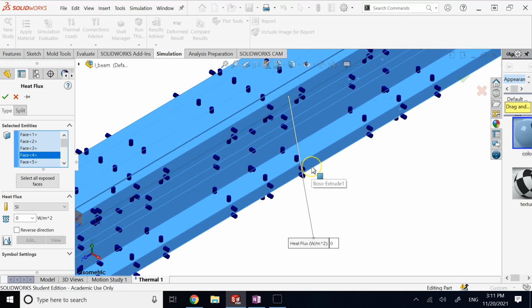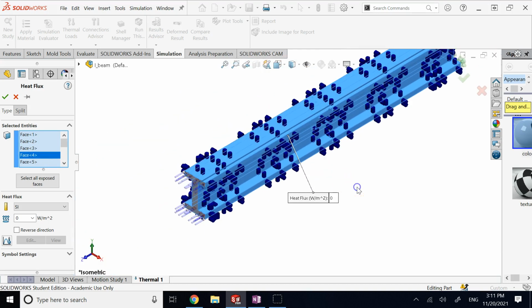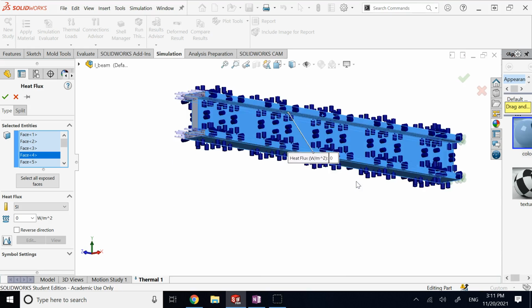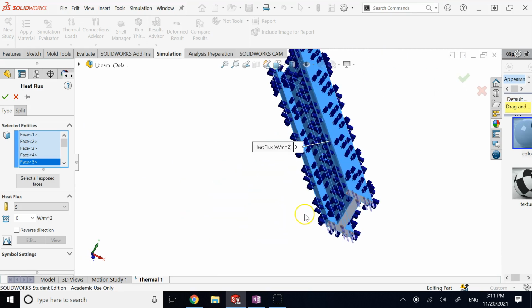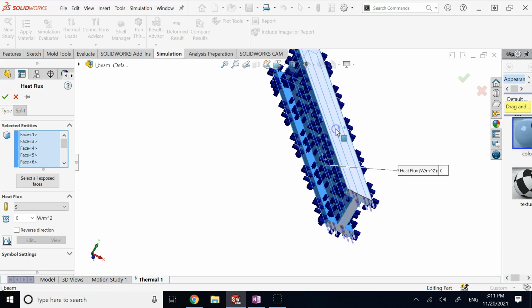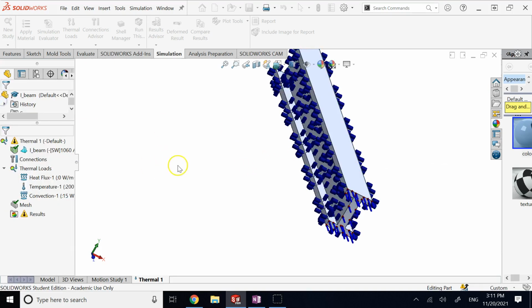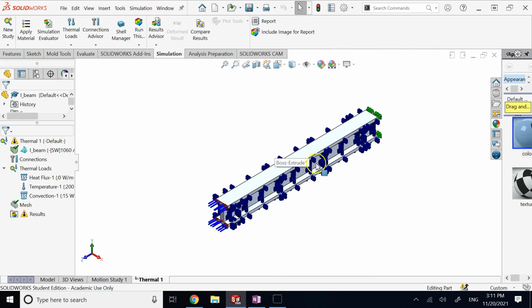That's probably this one, maybe or maybe not. No, let's see. Which face is it? If I can find which face, it's this one here. There we go. So I got rid of it, okay?